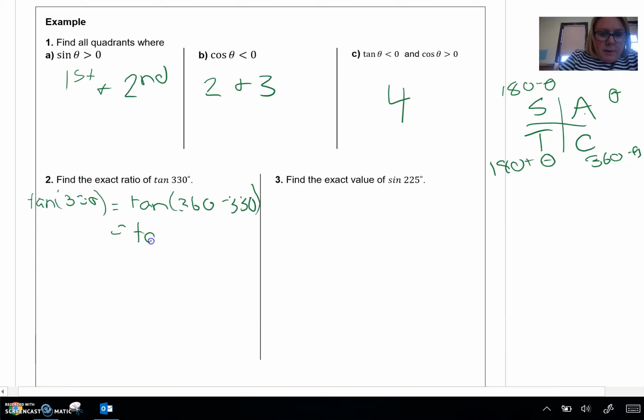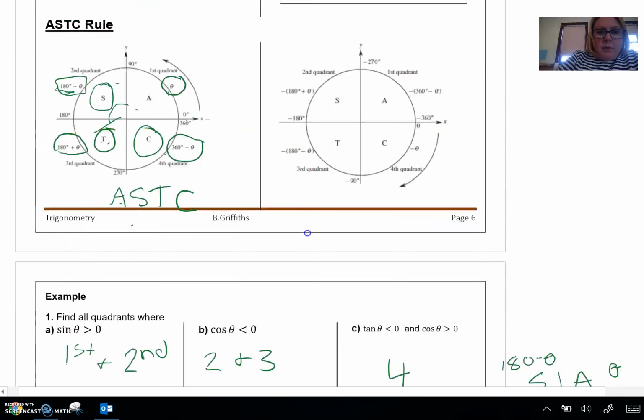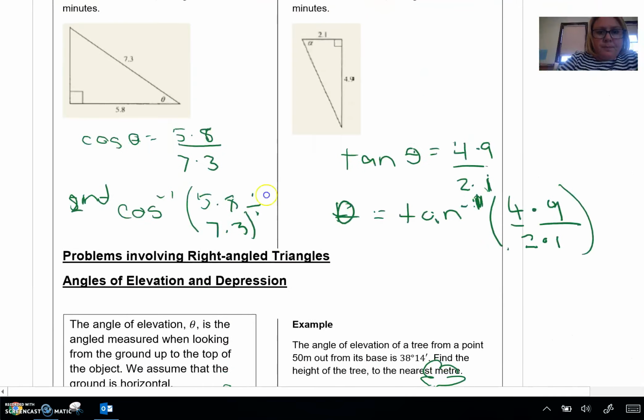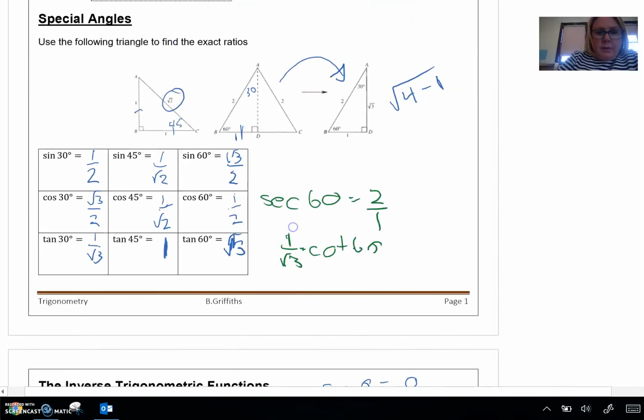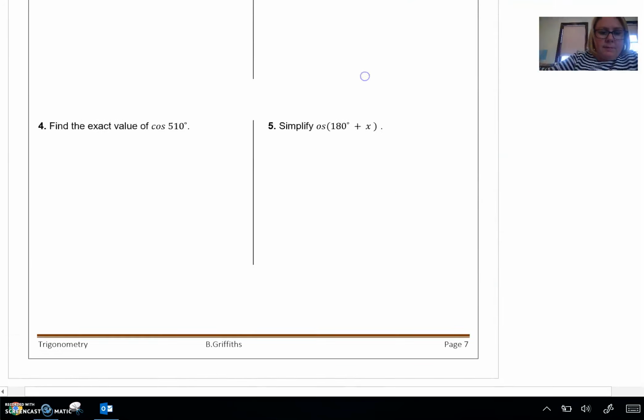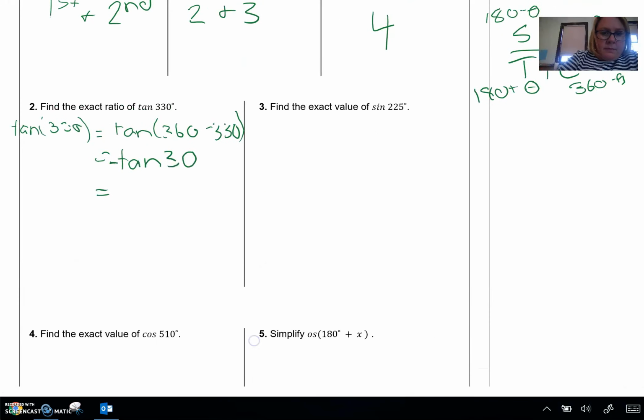So it's the same as tan 30, but we know it's got a minus because cos is positive there, not tan. So what's the tan of 30? If I come back up here, or you go to your calculator like I showed you, the tan of 30 is 1 on root 3. So it's minus 1 on root 3.